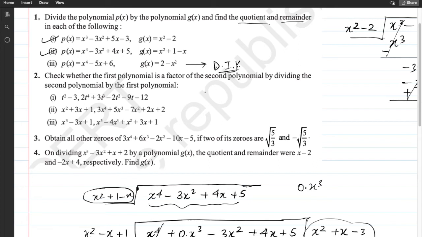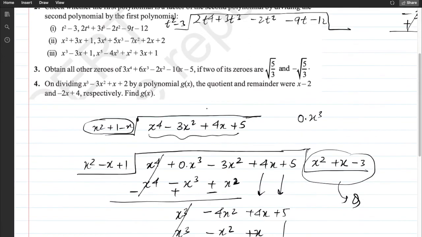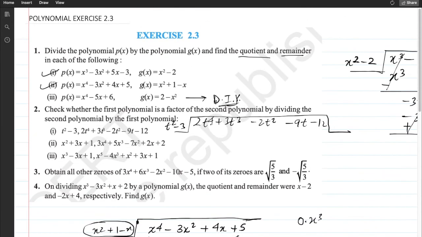It is 2t4 plus 3t3 minus 2t square minus 9t minus 12. I need to divide it by this expression, t square minus 3. I will use the same technique that I used over here. I will try to solve it.